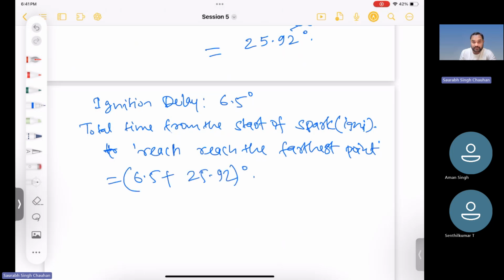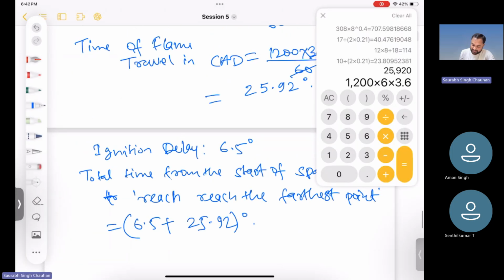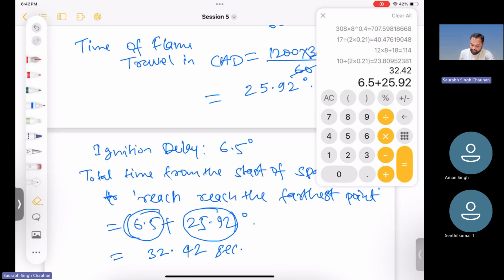This will be the total time, right? So how much will it be? This is the time taken for travel, and this is the time for the development of the flame front, right? 6.5 plus 25.92 comes out to be 32.42 degrees. Everything we are doing in degrees of shaft rotation.